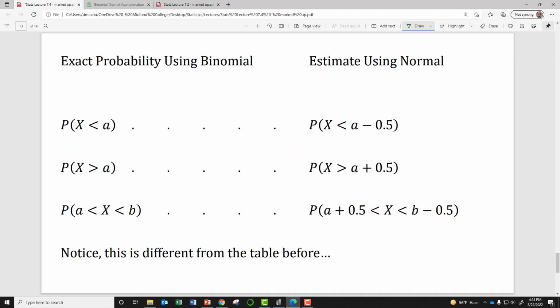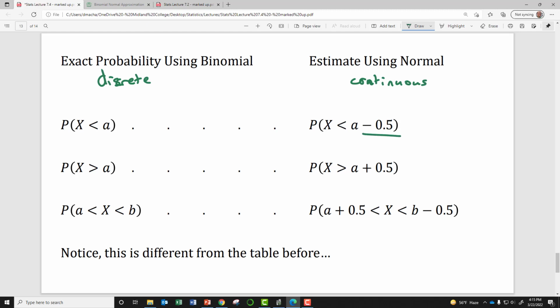So then here's a new table where I've listed the discrete probabilities using the binomial distribution and the continuous estimates using the normal distribution and how you convert between the two probability questions. Well, if you're asking about x less than a, exclusive of a, then we subtract a half from the upper bound.